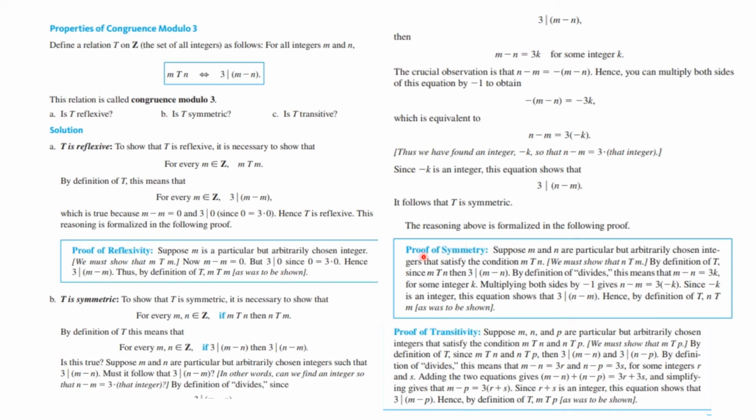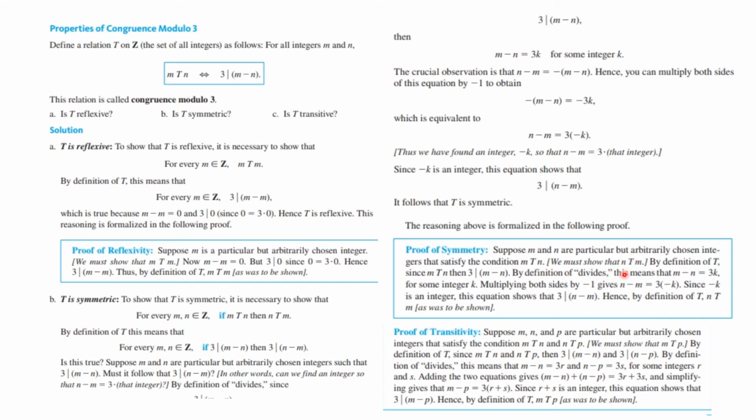Similarly, we can test to see, is it symmetric? So suppose we have a situation where m and n are particular but arbitrarily chosen integers that satisfy the condition m T n.